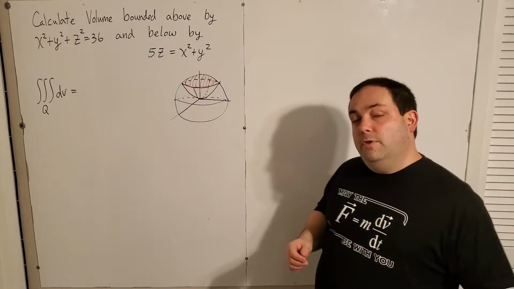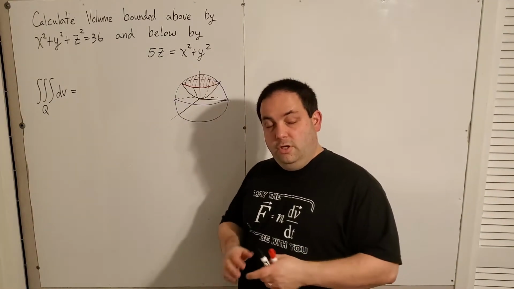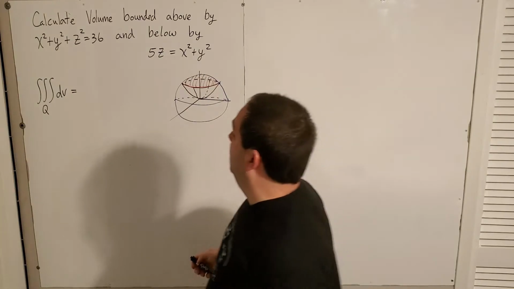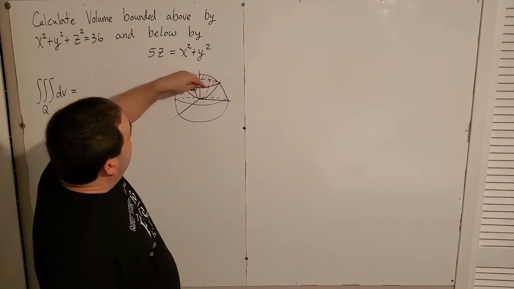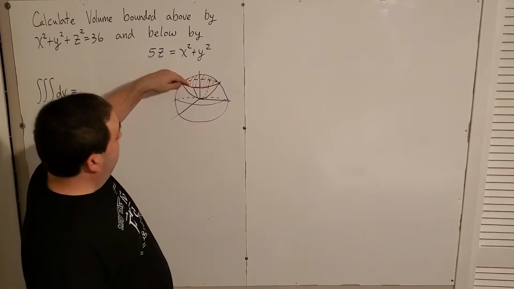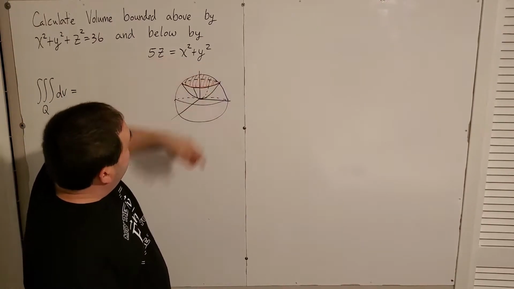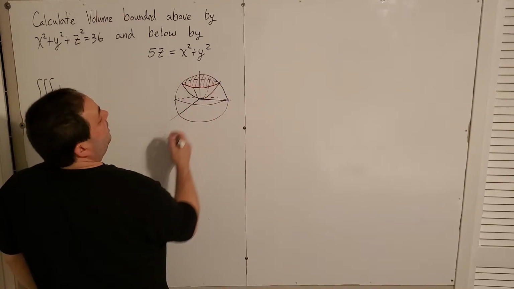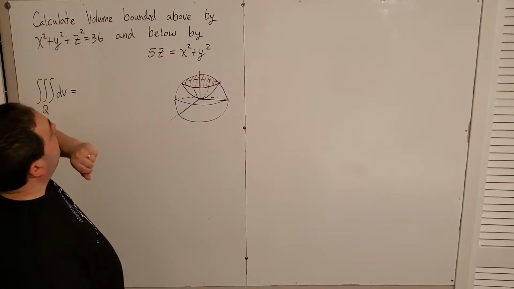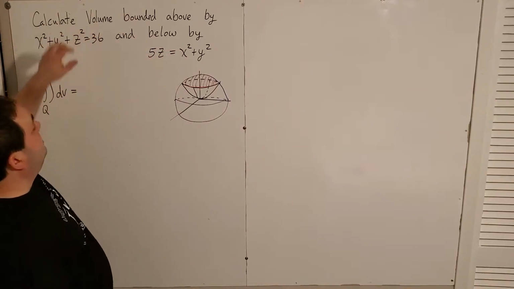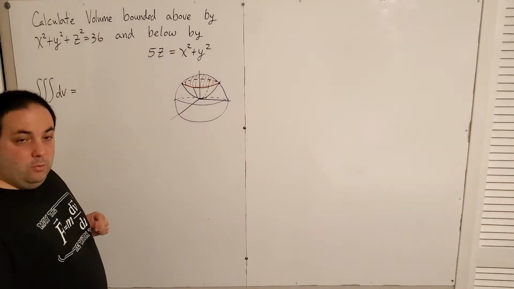So let's set up the rectangular version of this triple integral. First and foremost, I need to know where these intersect so that I can get a boundary. I need to know exactly this ring right here where they intersect. I need to know where these two surfaces intersect. I'm just going to set it up where they're equal to each other.